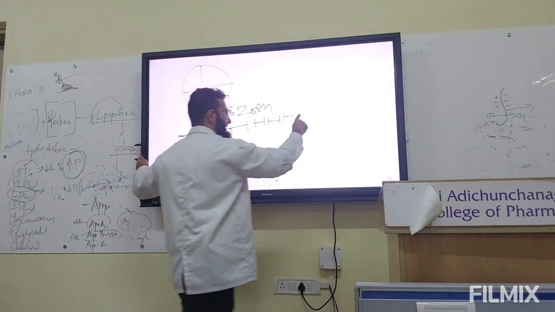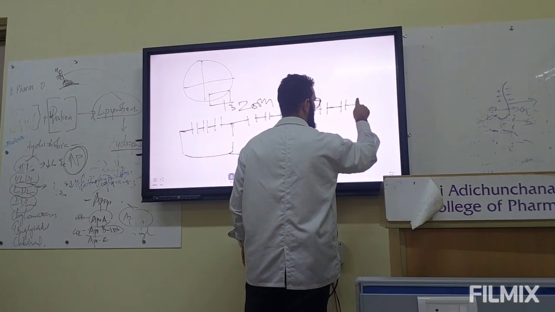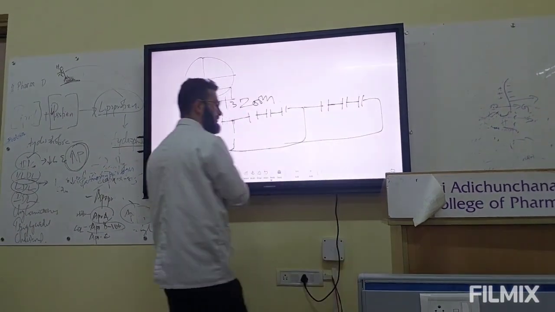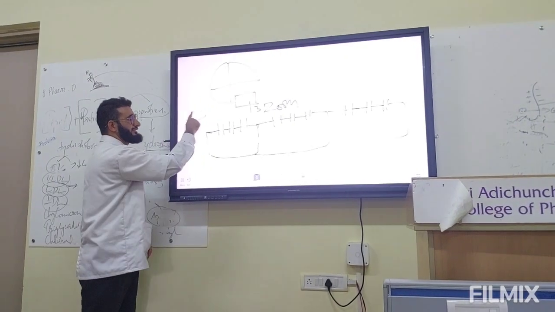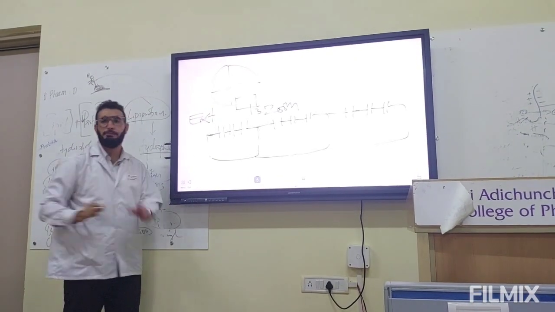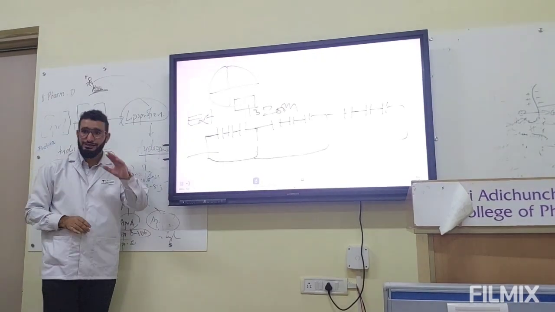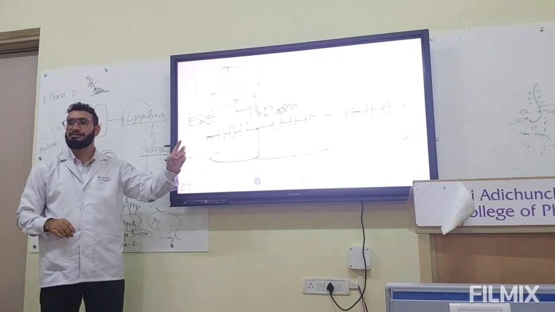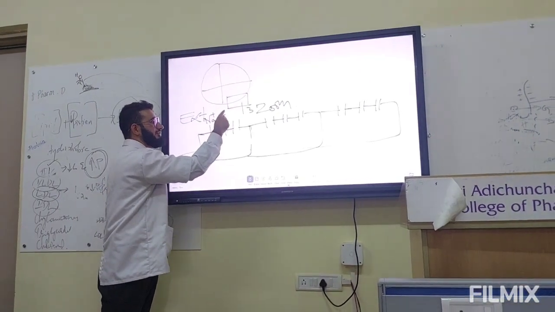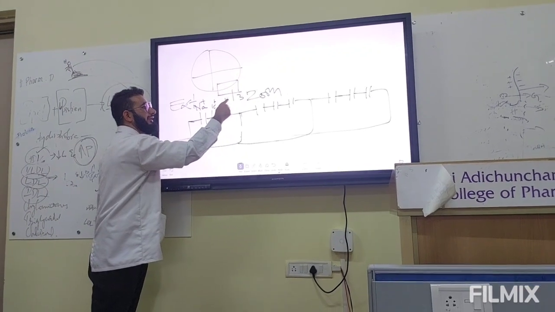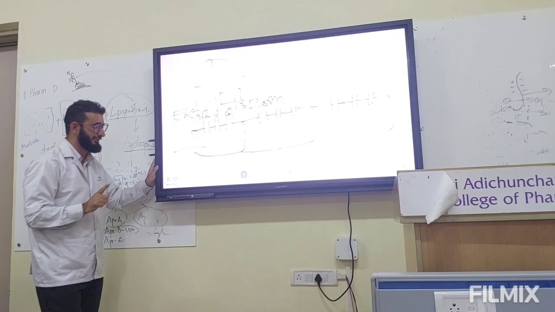See, this is the extracellular space, and this is the intracellular space. On the surface of the myocardial cells, there are channels. This is the sodium channel. This is the potassium channel. This is the calcium channel.